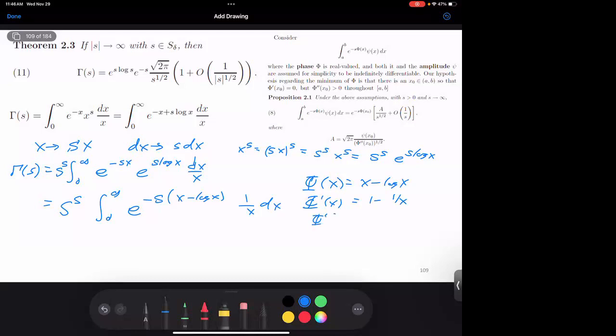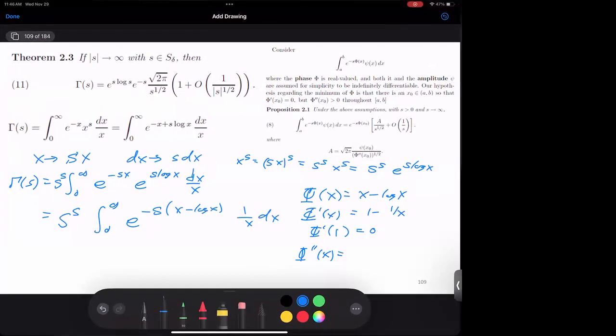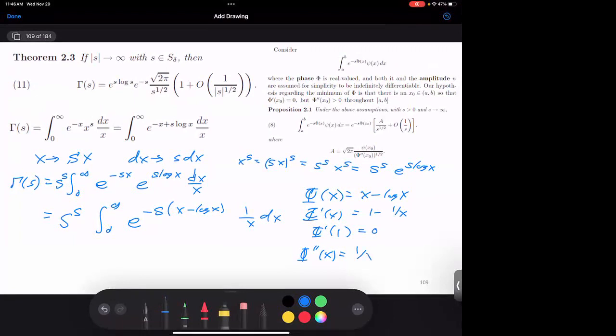Phi prime of what equals 0? 1, right? What's phi double prime of x? 1 over x squared. And that's going to be greater than 0 in our region. So we actually can use our theory for this function.